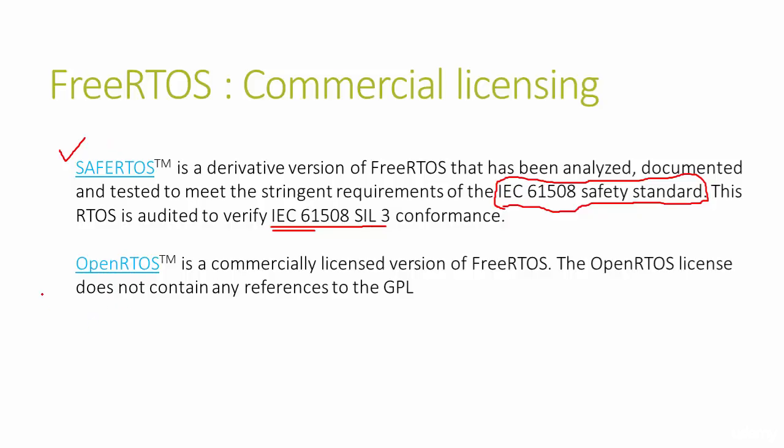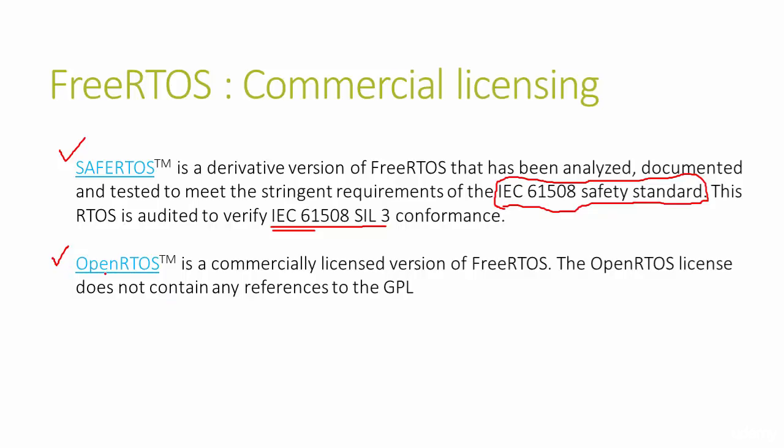And the next one is OpenRTOS. OpenRTOS is a commercially licensed version of FreeRTOS. The OpenRTOS license does not contain any references to GPL. That means they have dropped the conditions they mentioned in FreeRTOS. If you are using OpenRTOS, then you need not open your kernel changes, that is FreeRTOS kernel related changes, to your customers.